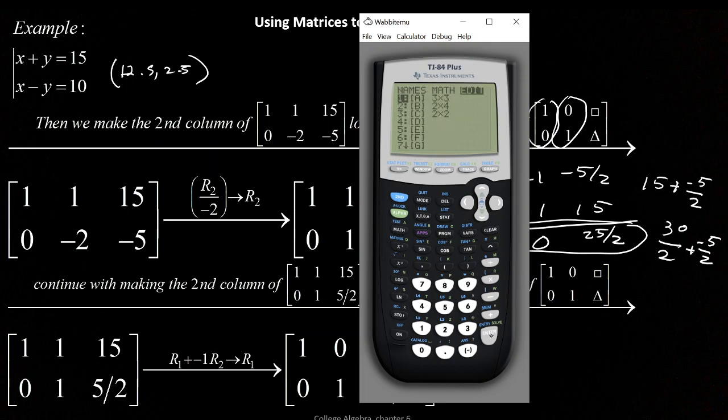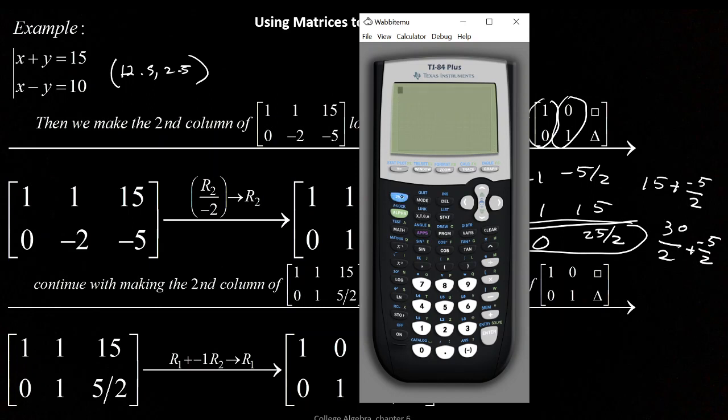It didn't get my entry. So we're going to make it 2 rows by 3 columns. Okay, now I got it. 1, 1, 15, and then 0, -2, -5. Okay, so that's my matrix.